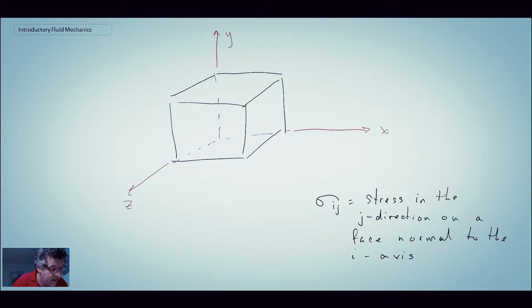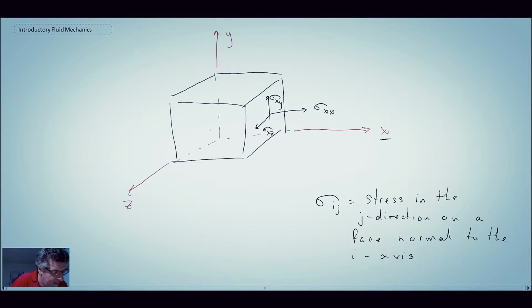Beginning with the face on the right here, we have a stress sigma xx, so that is acting on the x face in the x direction, and other ones acting on the x face, which is normal to the x coordinate. We would have sigma xy, because that is acting on the x face, but it's in the y direction. And then we have sigma xz, because it is acting again on the x face, but in the z direction.